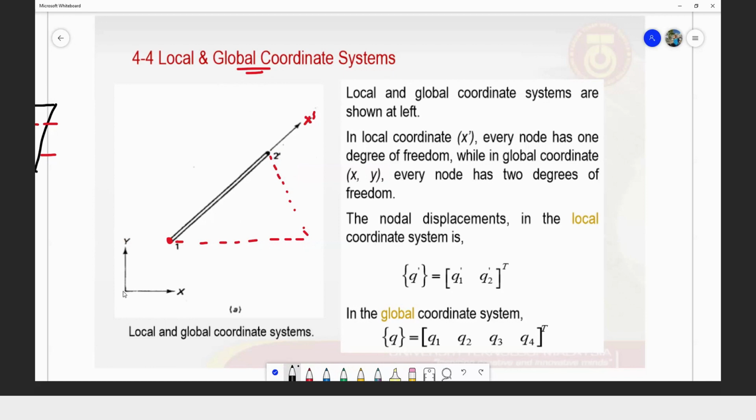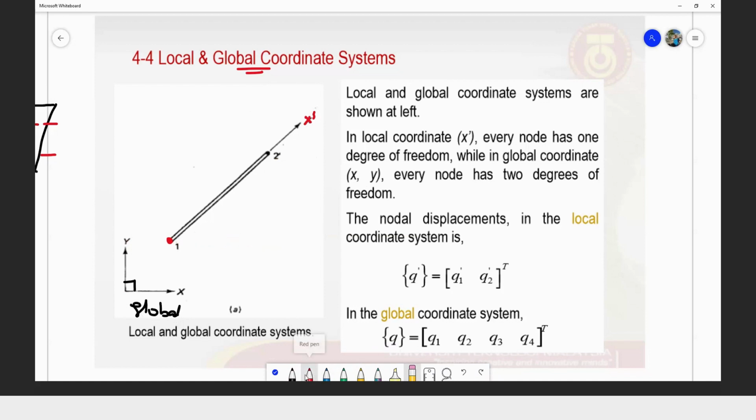So x biasanya in the perfect horizontal direction, y in the perfect vertical direction. So this is a global axis or coordinate system, and then this is the local coordinate system. And from there, the nodal displacement in the local coordinate system. Okay, kita dah tengok the axis itself, the local and global.